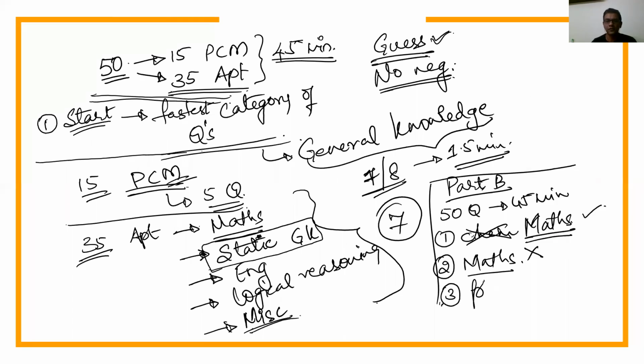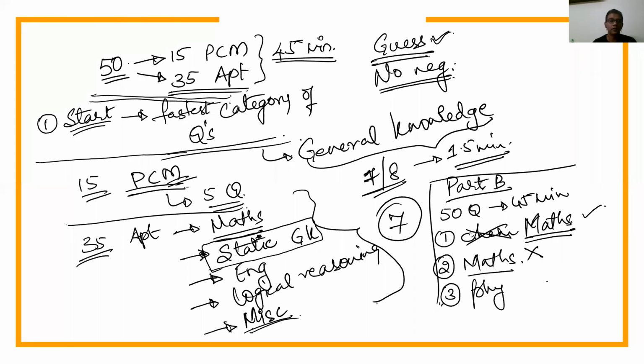Again, let's say it's physics. I'm repeating, it need not be in a sequence. It's not mandatory that you'll get maths first, then chemistry, then physics. It may vary. So I'm just telling you not to have a predetermined mindset.